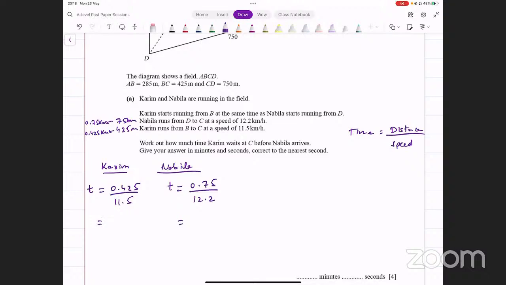Let's figure out these two values. देखते हैं हमारे पास time दोनों के क्या आते हैं. 0.425 divided by 11.5, that gives me 0.03695. ये आपने accuracy ज्यादा रखनी है ताकि eventually आपके answers accurate आ रहे हो. 0.75 divided by 12.2, and that gives me 0.06145. Remember ये time जो दोनों हमारे पास आ रहे हैं, these are in hours.